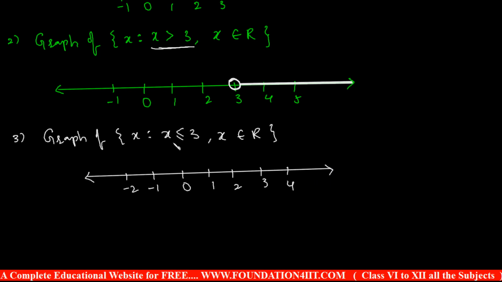The simple concept is x is less than or equal to 3. That means 3 is included, so the circle should be dark. And from here to the left side, x is less than 3, till the arrow you can draw a dark line until the arrow symbol.